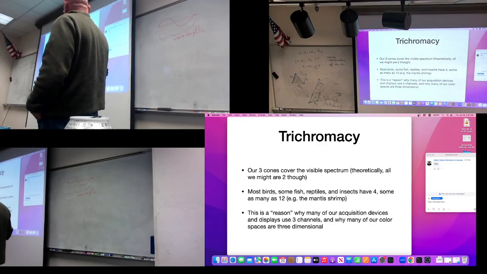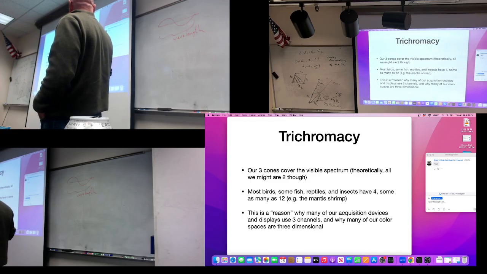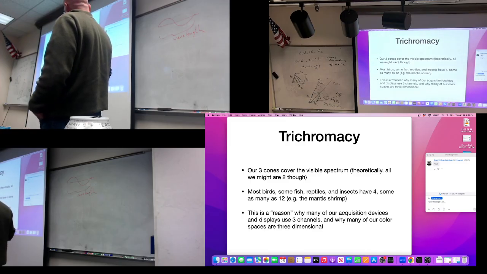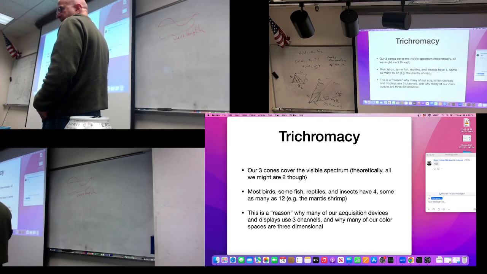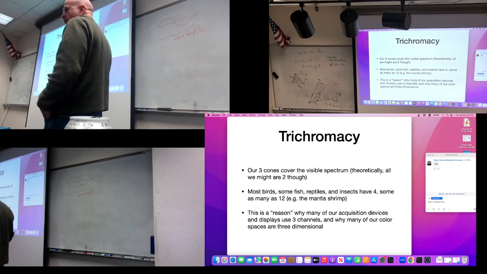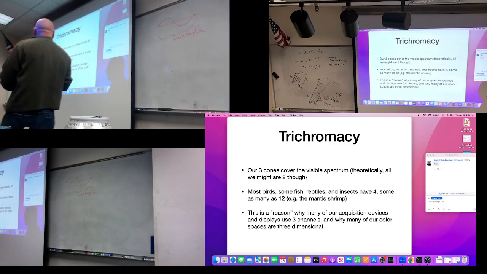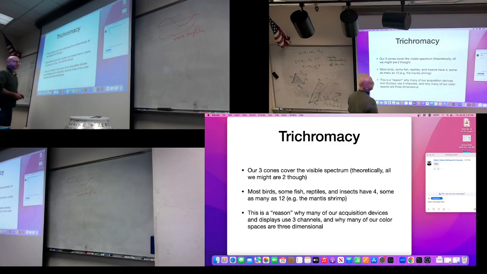3 types of cones in our eye. That would be red, green, blue, RGB, which is why we can be fooled by looking only at pixels that create RGB.